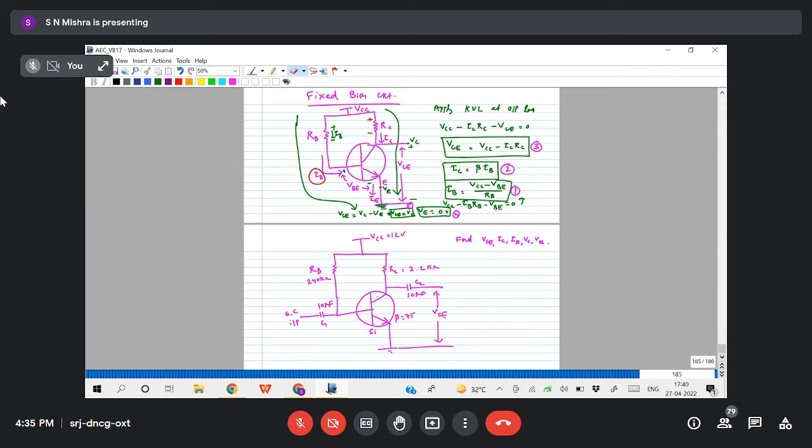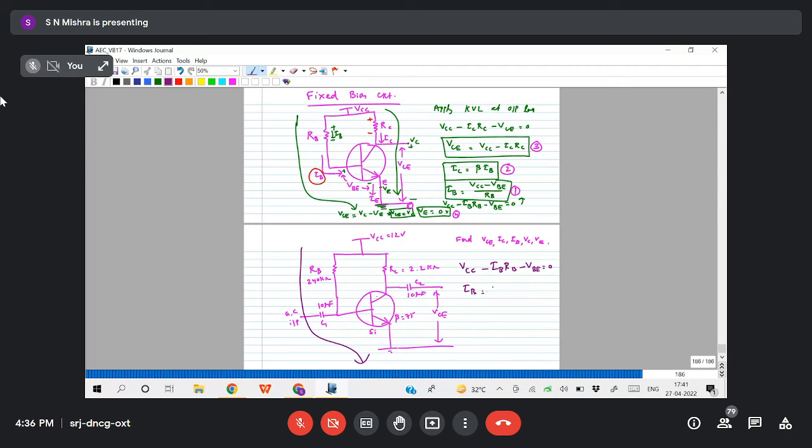I don't know, we have to find it here. So how will we do it? Apply KVL. From here to here, VCC minus IBRB minus VBE equals 0.